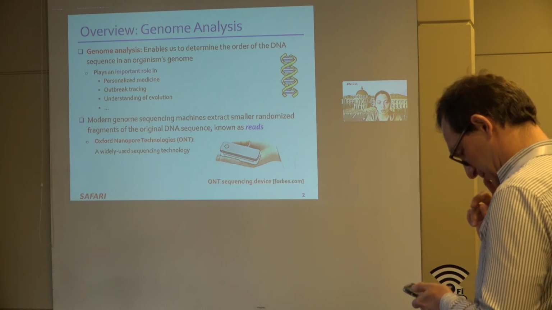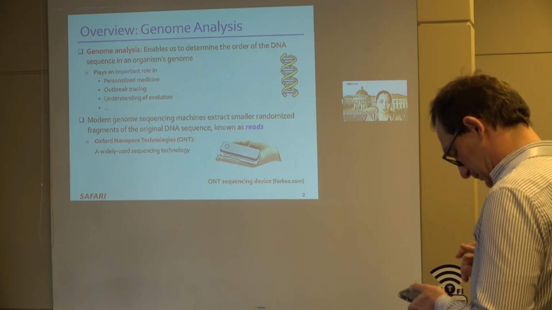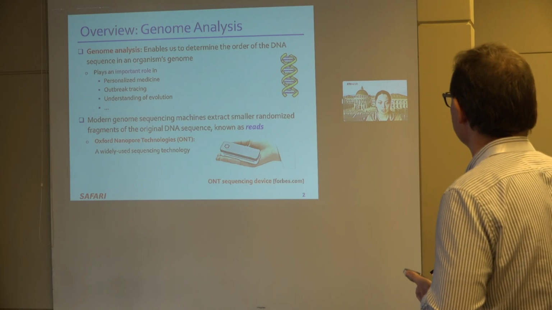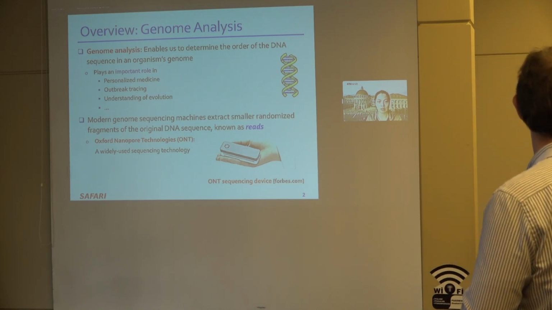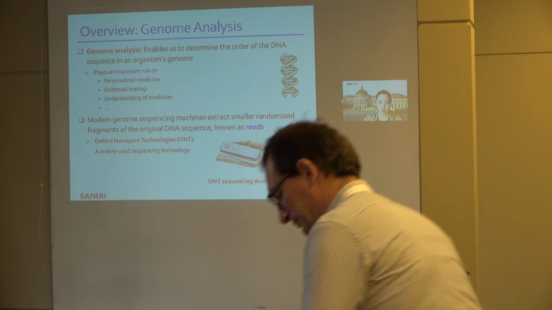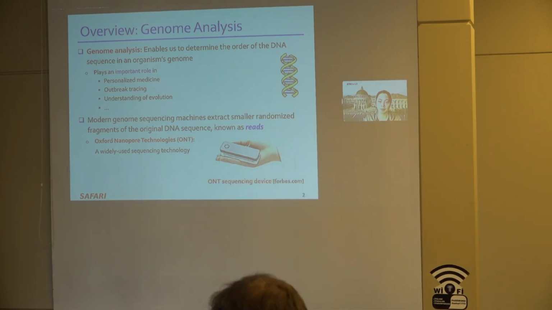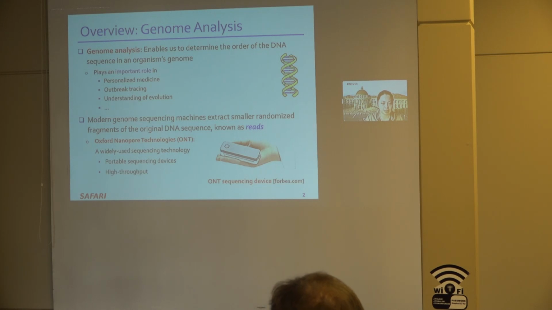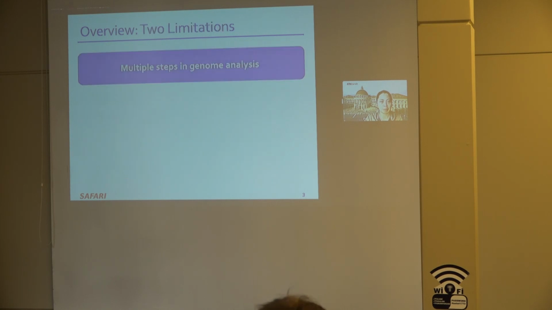In this work, we focus on Oxford Nanopore sequencing technologies, which is a widely used sequencing technology nowadays. As you can see on the right side, you can grab it with your hand. We focus on it because it provides portable sequencing devices, it has high throughput, and it is also very cheap.